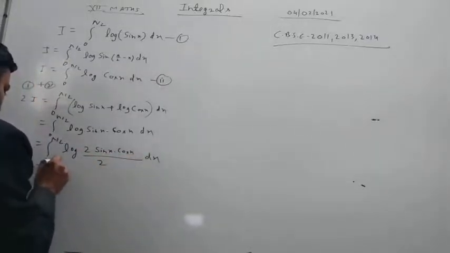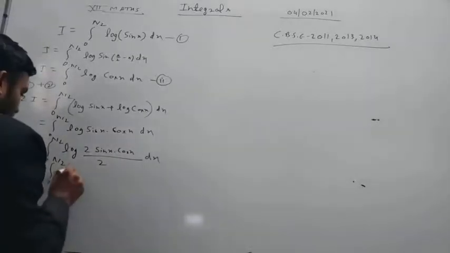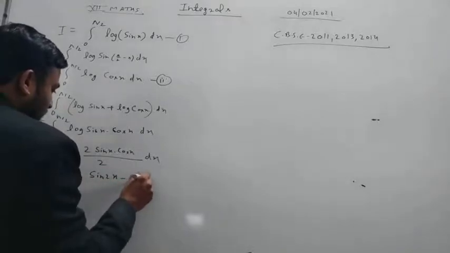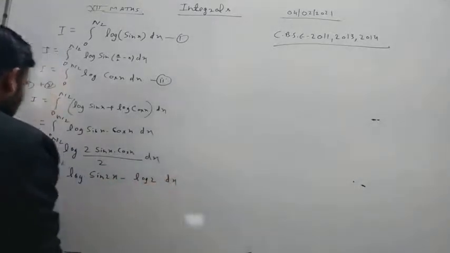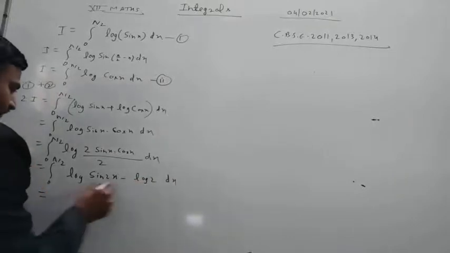So this part we can write log sin 2x minus log 2 dx. So this is equal to 2I.